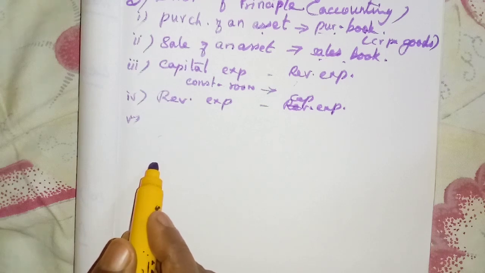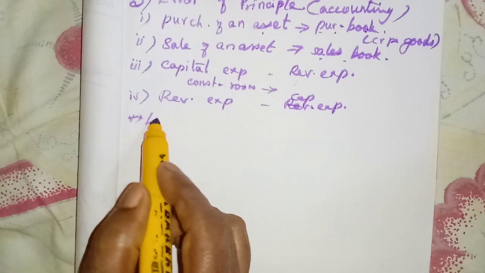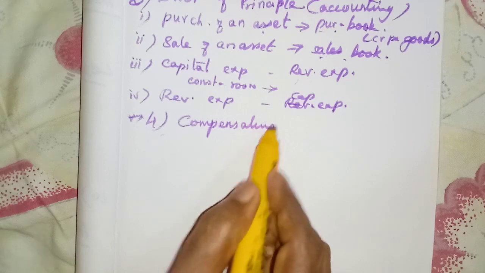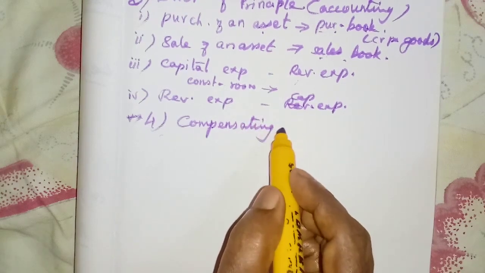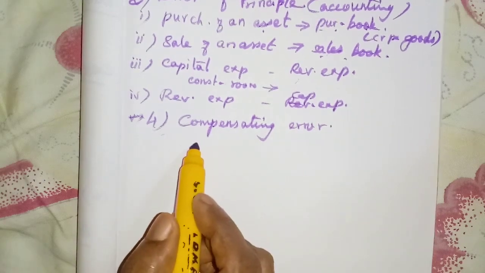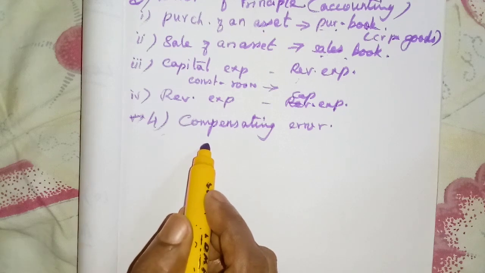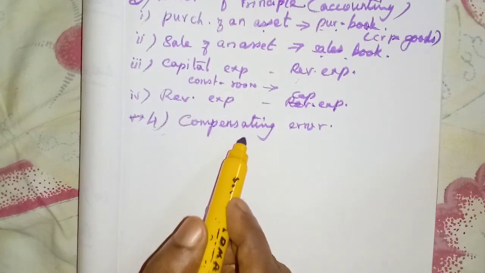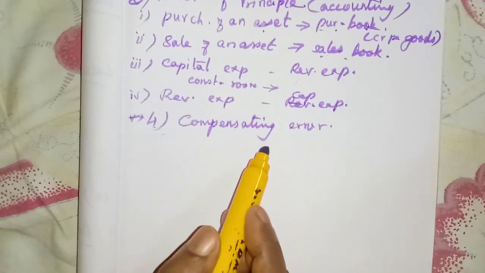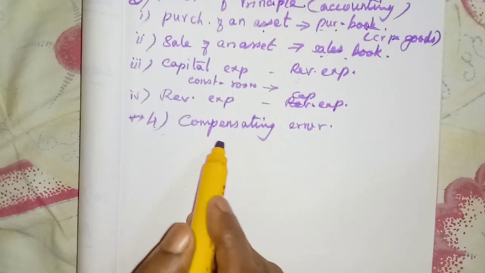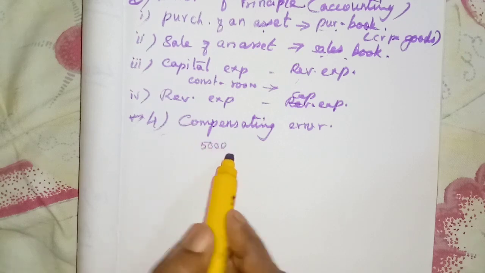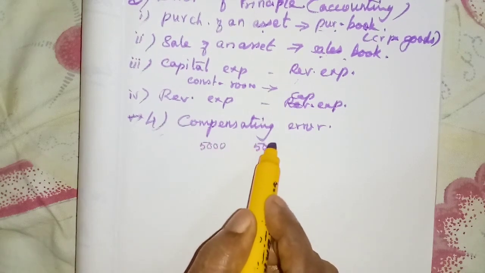Compensating error. One error will compensate the other error, then it will not reflect in the trial balance anywhere. That means they will compensate each other; one error will be rectified by the other error. So we have made two errors, but we cannot locate them because on the debit side we have entered 5,000 wrongly more and on the credit side also we have entered 5,000 more.